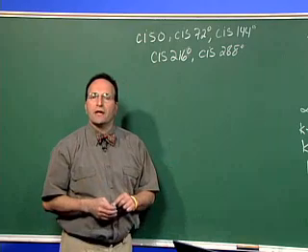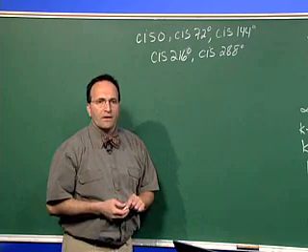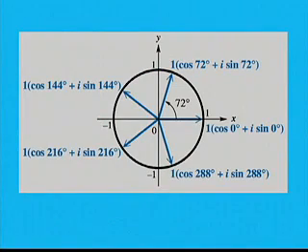So let's take a look at what that is. All right, so we have the 5 vectors, and just to make it clear, we have this vector right here along the x-axis, which represents our cis of 0 degrees.